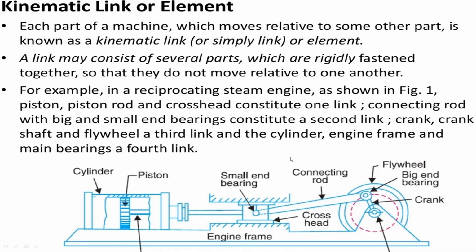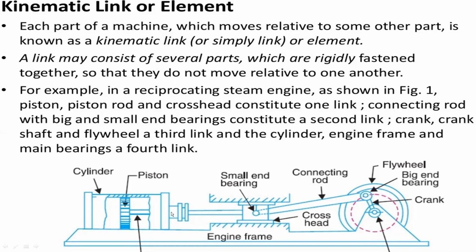The crank, crankshaft and flywheel are attached to each other, and these are the third link. The engine frame and main bearings are the fourth link. So these are all the four links here.